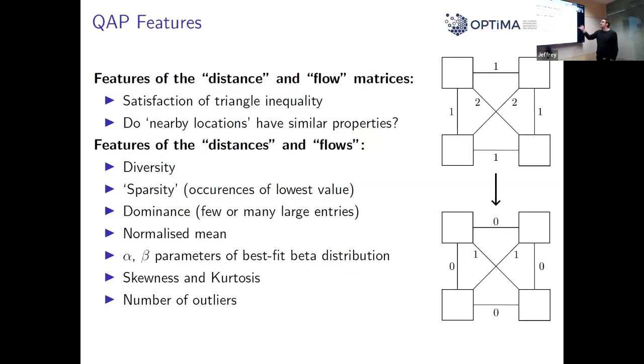So the distance sparsity of this top right instance is in fact going to be fairly significant, because once it's in standard form, which is where we measure the features, it has a lot of 0 distances. I'm not drawing in here distances from a location to itself, even though they do exist in a quadratic assignment problem. Don't worry about that detail.